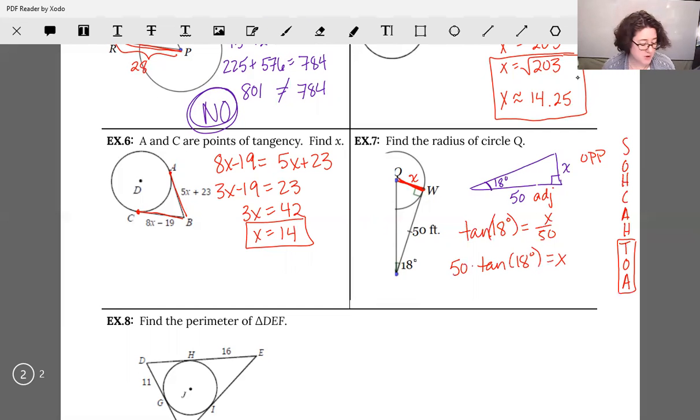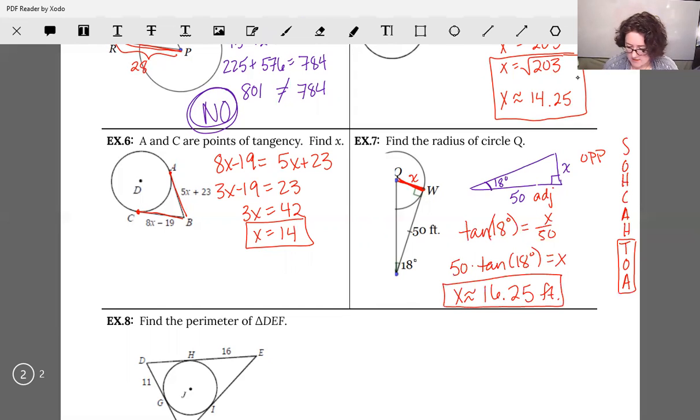Make sure you're in degree mode, especially if you're using a TI calculator for your calculations. So let's see, I'm in degree mode, so I can just type it in exactly as is. So 50 tan of 18 degrees, and I'm getting out that x is approximately equal to 16.25. And I'm going to go ahead and write in my units, feet, because they gave me that in the problem.